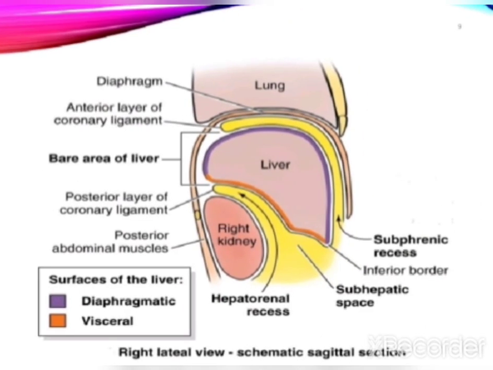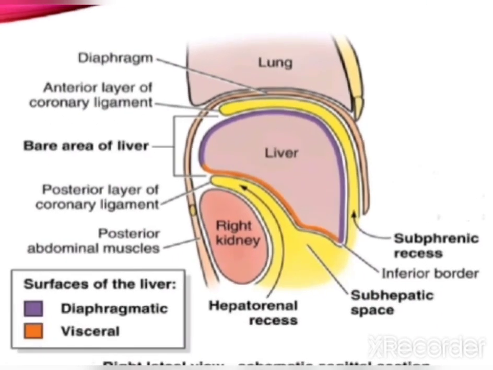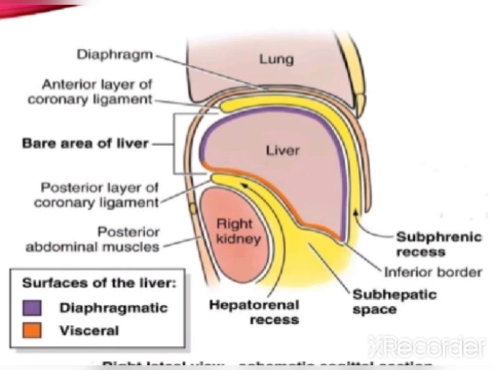So you can see here the right lateral view of the liver. From up to down there is the lung, then the diaphragm. Then there is the anterior layer of coronary ligament, then the bare area of the liver, then the posterior layer of coronary ligament.